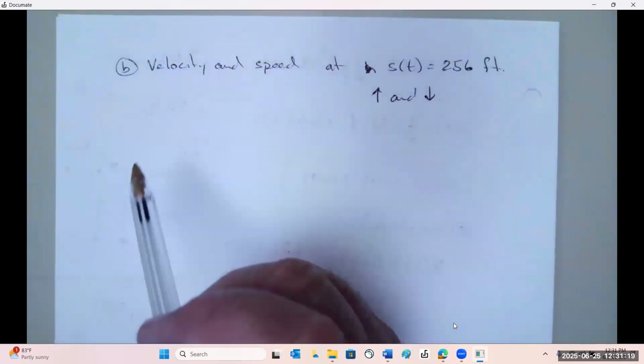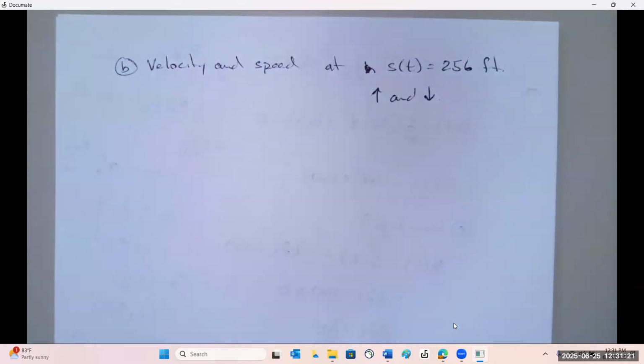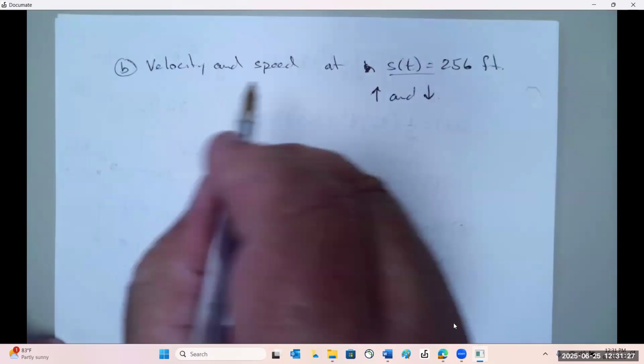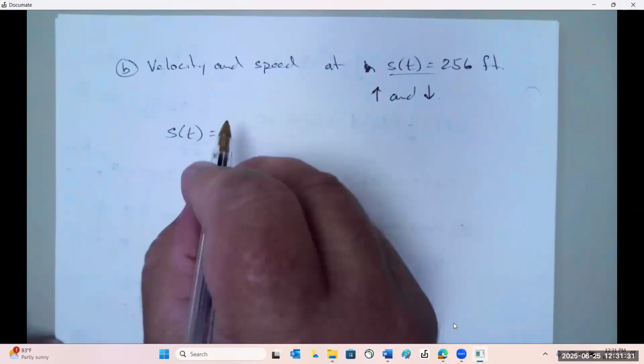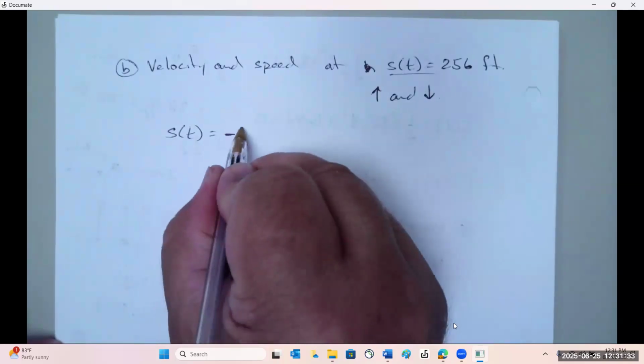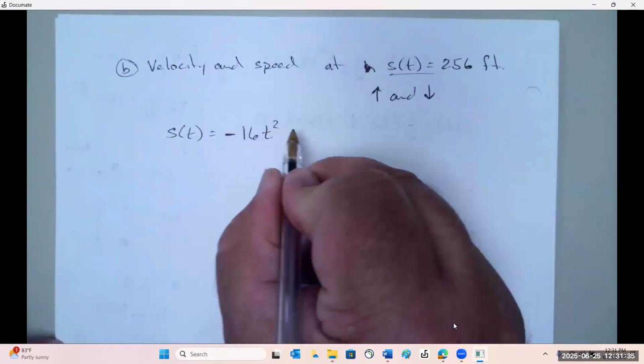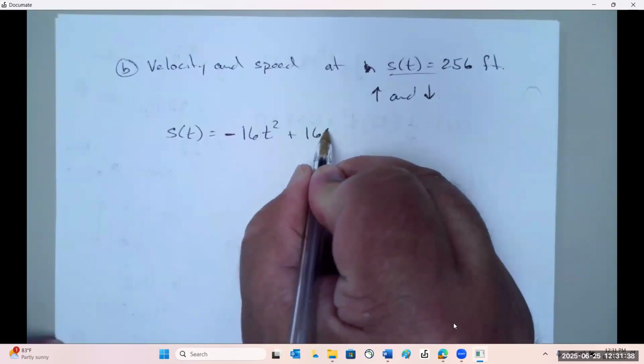So what formula are we going to look at? What do we have to start off with? Oh, we know our S. Our S formula is negative 16 t squared plus 160 t.